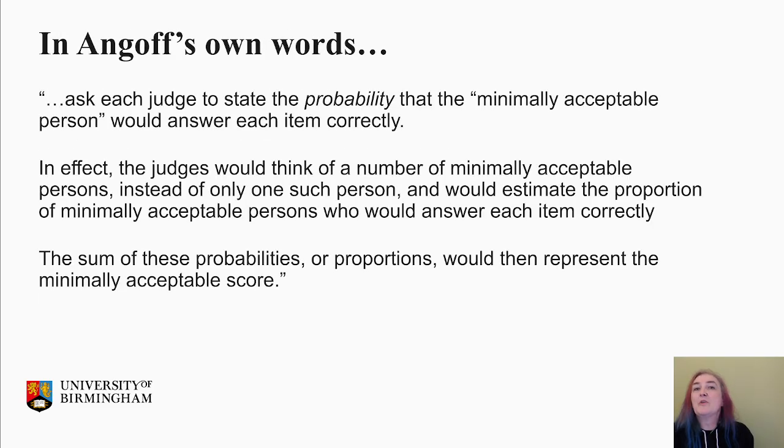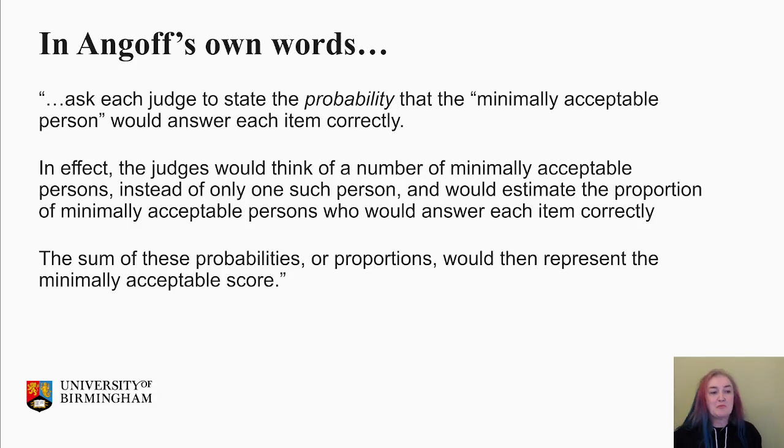So in Angoff's own words, and this is taken directly from that 1971 publication, we ask each judge to state the probability that the minimally acceptable person would answer each item correctly. In effect, the judges would think of a number of minimally acceptable persons instead of only one such person, and would estimate the proportion of minimally acceptable persons who would answer each item correctly.